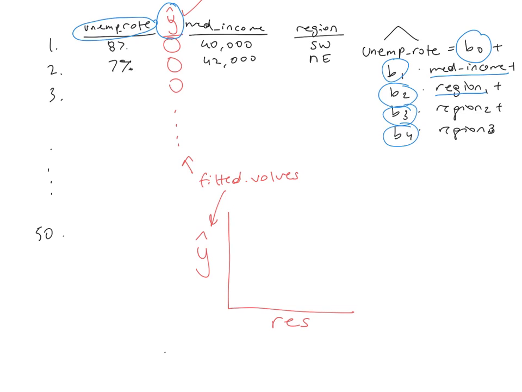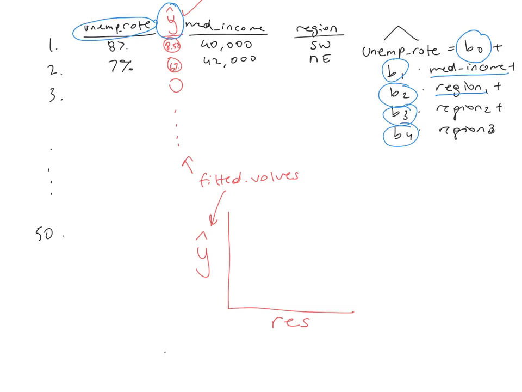Why would it be 0? Let's say, for example, that for my first state, I had calculated unemployment rate to be 8.5%. What would the residual for that state be? It would be negative 0.5, right? Let's say for the second state, I had calculated my predicted unemployment rate to be 6%.